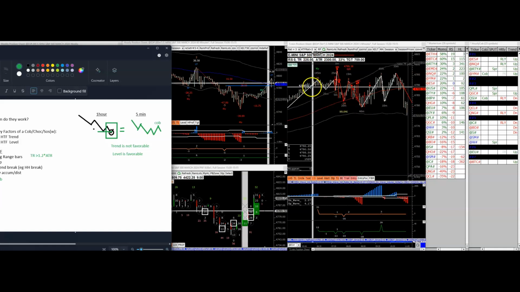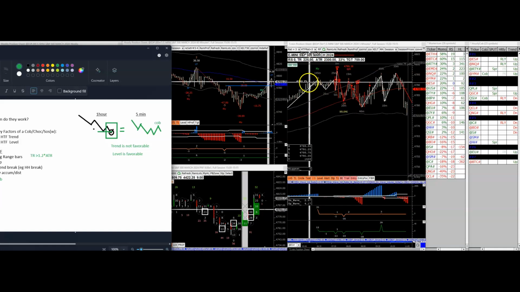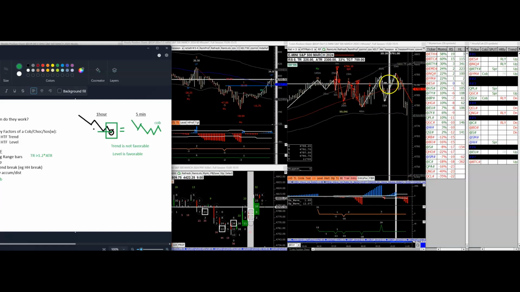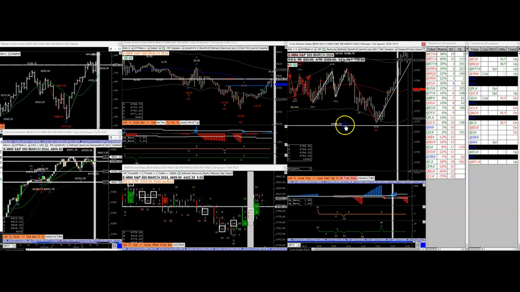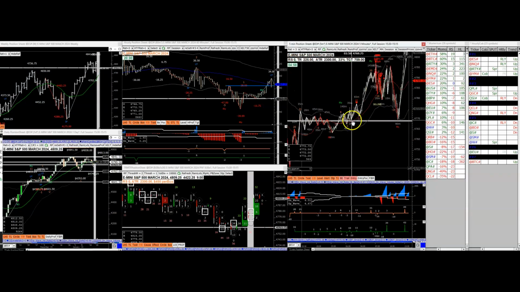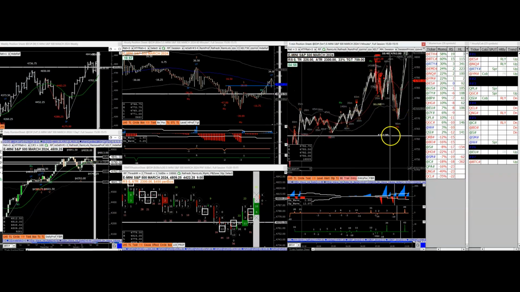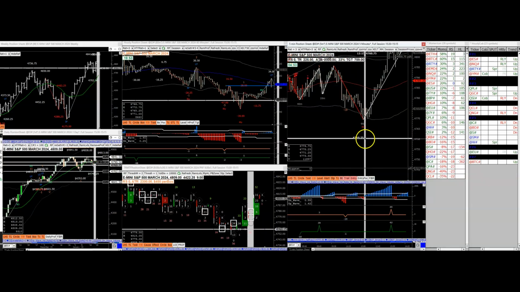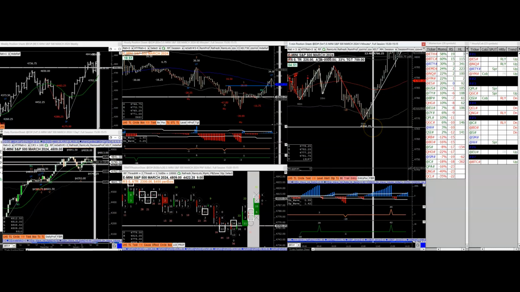And then after, I just got a little tap, retap, and then finally went down. Basically it took out the low of this rally. That was the trade in the morning. So that's what I wanted to cover with you all.